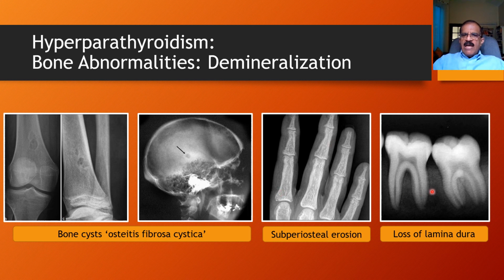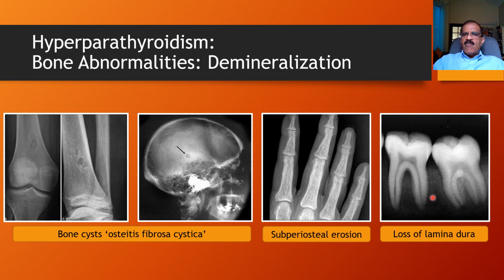There's something called lamina dura. This is an X-ray of teeth, and normally there is a casing of bone here. This is the place where my cursor is. There is supposed to be a very thin bone here because it is normally paper thin. Whenever there is resorption of bone, this may just disappear.